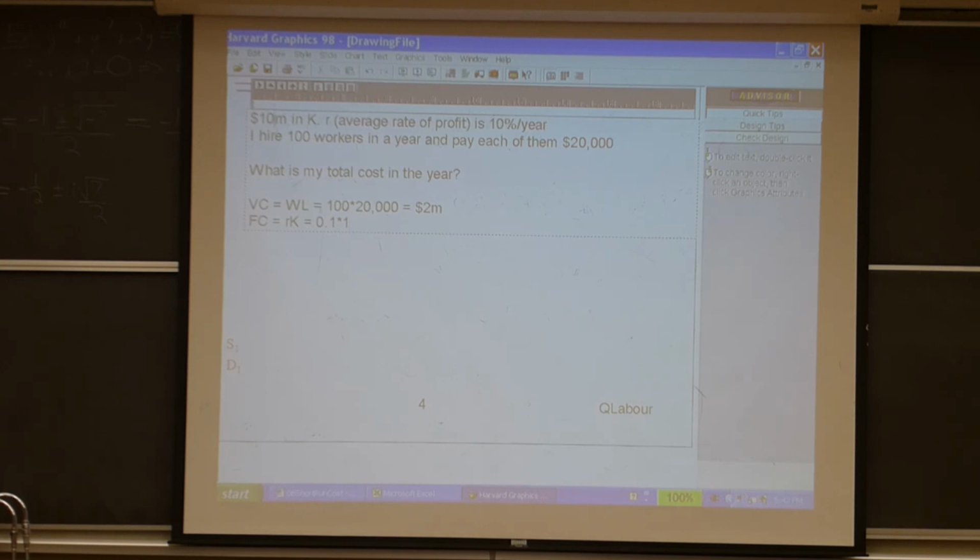This is 10 million, which will mean this year I must make $1 million. Because I could take the $10 million and maybe invest in something else safer.